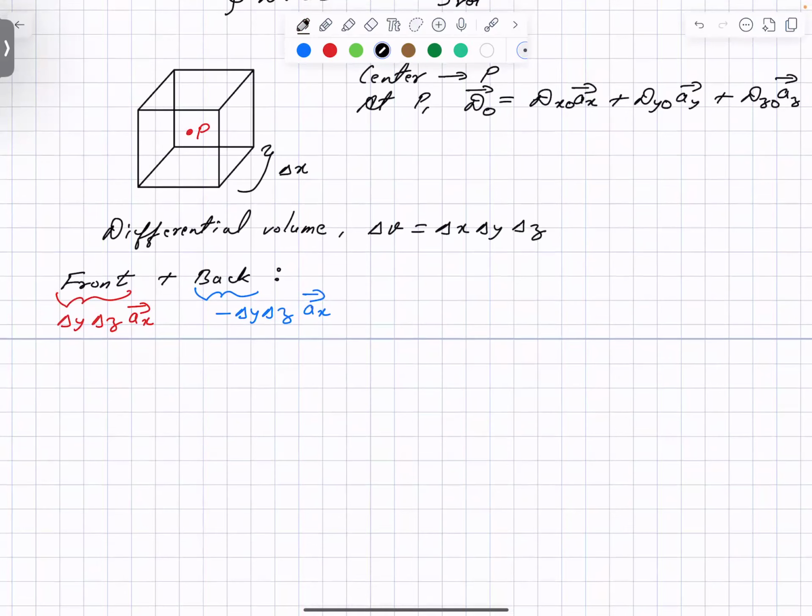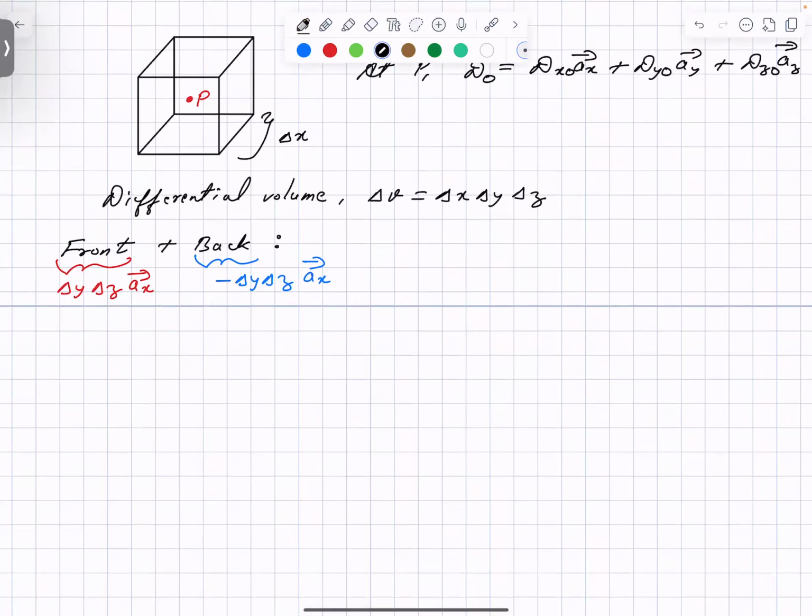So now let's find the total flux coming out from the front surface and the back surface combined. For the front, we don't need the integral because we are considering incremental surfaces. So we can directly write DF, F meaning front, dotted with the front surface area, which would be delta y, delta z, ax.